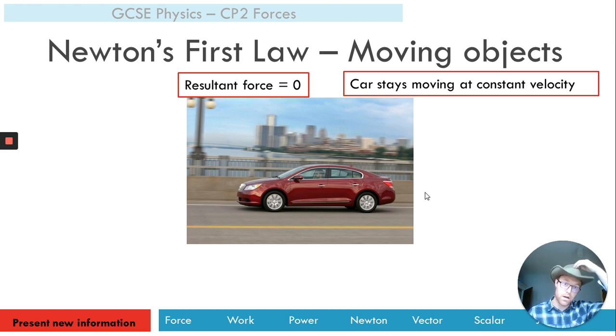This might sound obvious, but this was really quite revolutionary at the time when Newton came up with it. He basically said, if an object is moving and no resultant forces act on it, it will stay moving at a constant velocity. Before him, people thought that you needed to continually put force in to keep something moving.